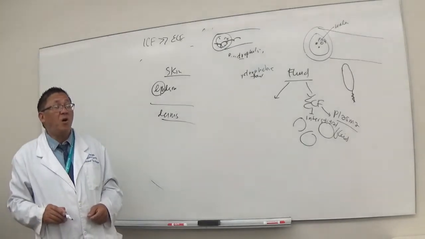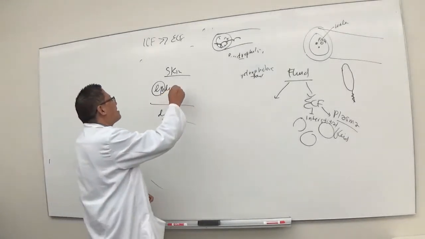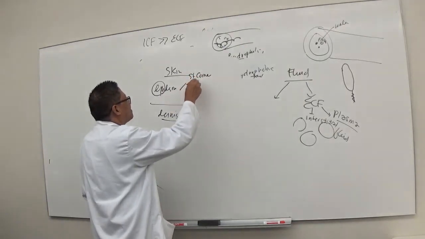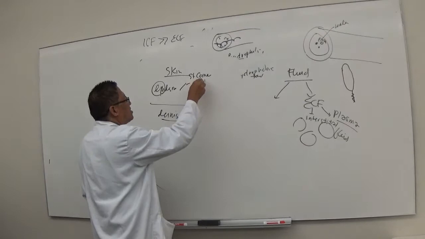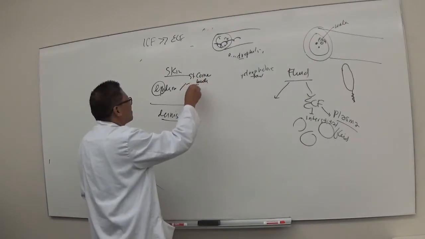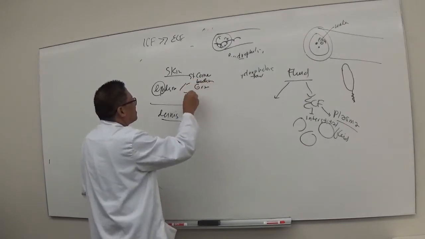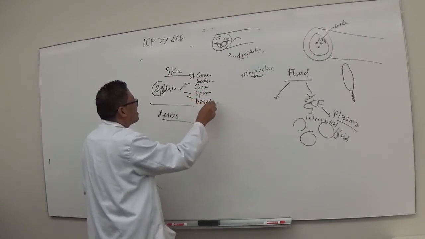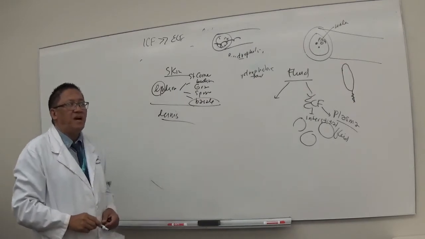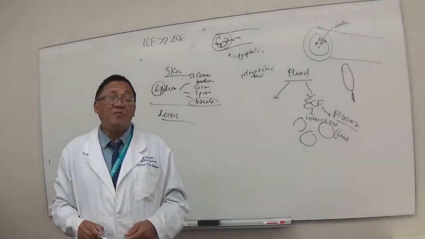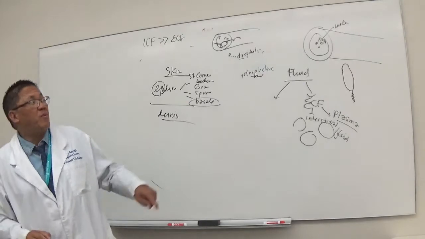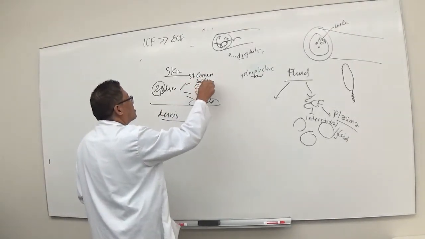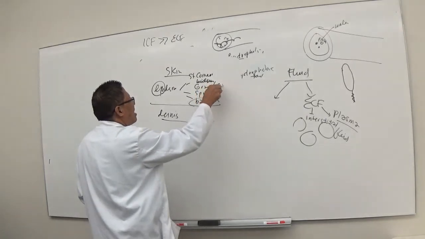Or the corium, C-O-R-I-U-M. What's the topmost layer here? Stratum what? Corneum. Then? Lucidum, then? Granulosum, then? Spinosum, then? Basale. Which one is found in the base? Basale or base. Which one is the topmost layer? Corneum.